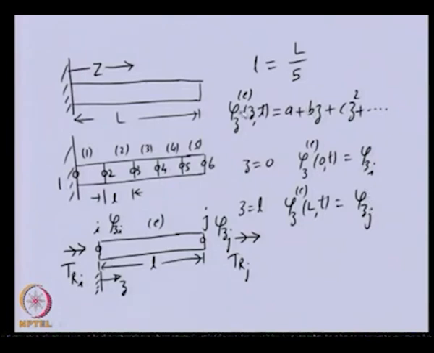So, this particular solution can be written in a more general form like this: phi_z^e(z,t) is equal to, here we can write in terms of some functions which are functions of z. There could be several functions.